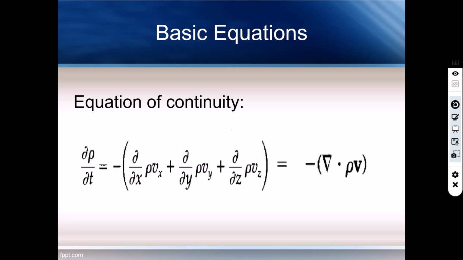Right, because when we derive this, we know that it goes with the fluid. And when the fluid flowed from this direction to here, the next stop becomes this way.